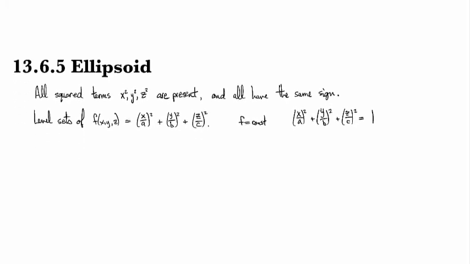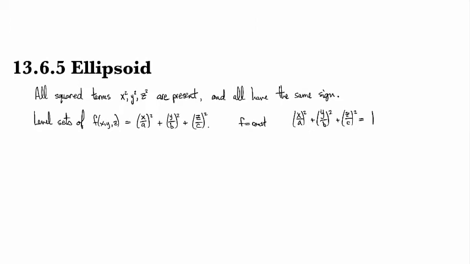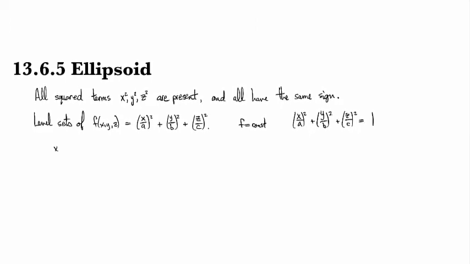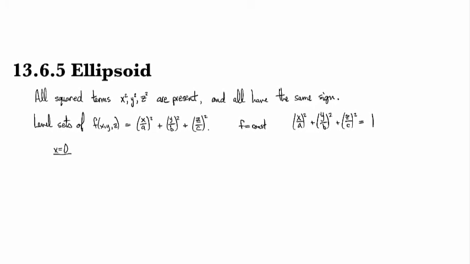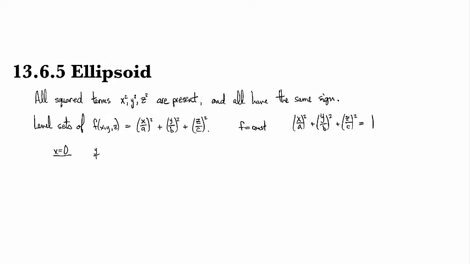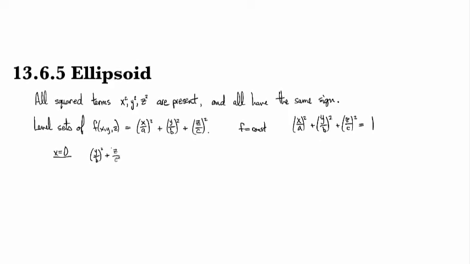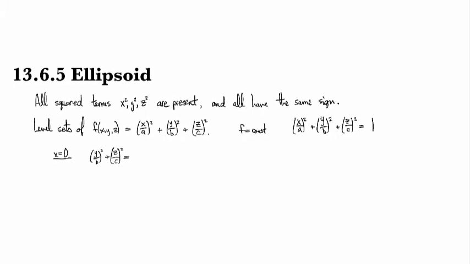Okay, so let's go about understanding how to sketch this based on traces. So if I do x equals 0, then I'm going to be looking at (y over b) squared plus (z over c) squared equals 1.